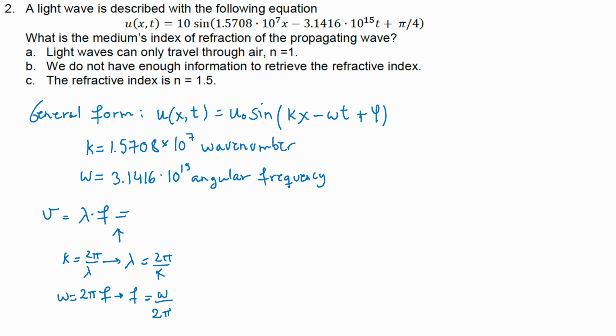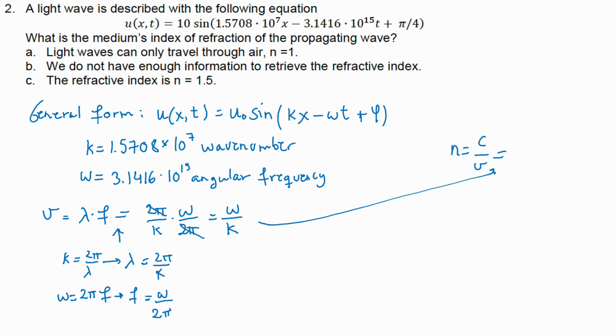As you can see, the 2 pi's cancel each other, so we have the angular frequency over our wave number. When we think about our refractive index, this is the speed of light over the velocity. So we have the wave number over the angular frequency multiplied by c.